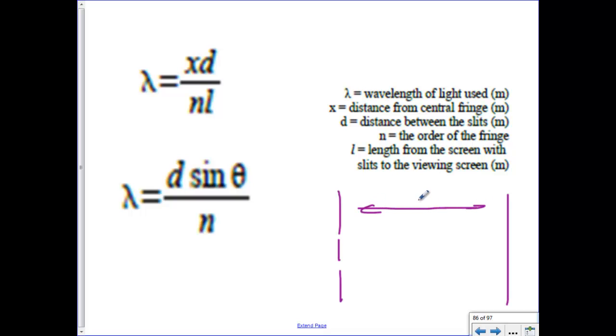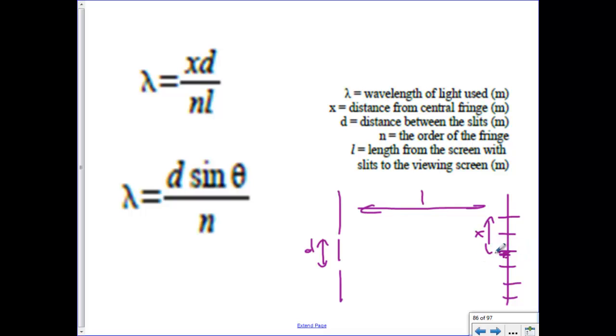This distance right here would be L, how far it is between screens. This distance right here would be d. If you had different spots over here from the middle, let's say this was the middle to here, that would be X.